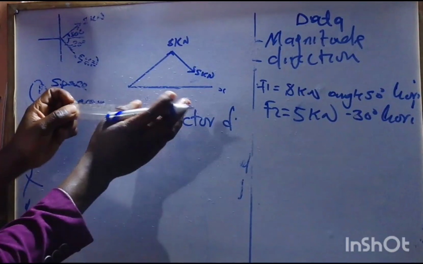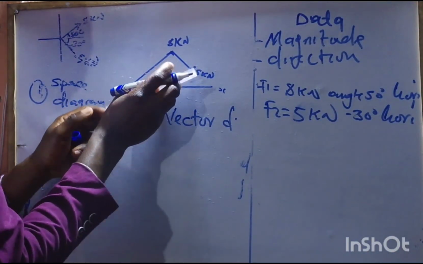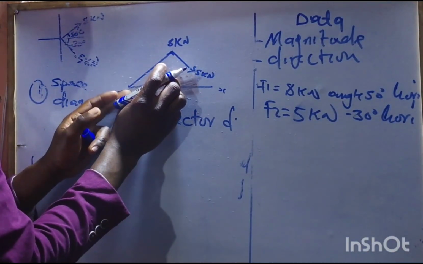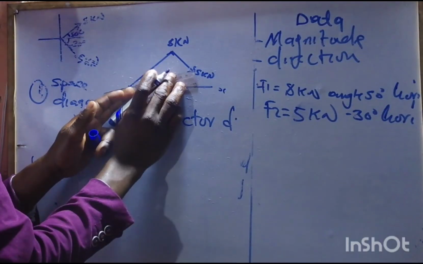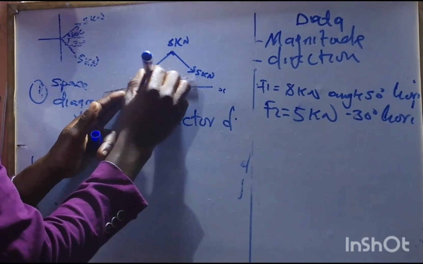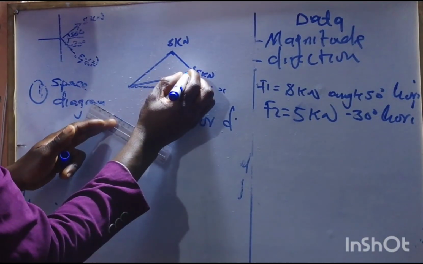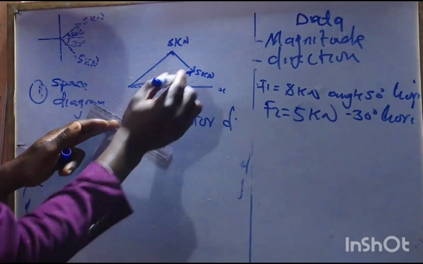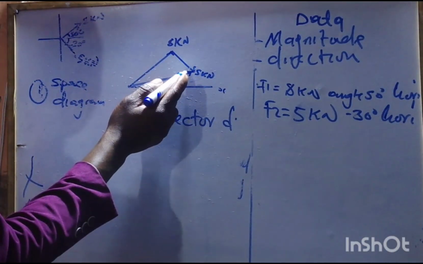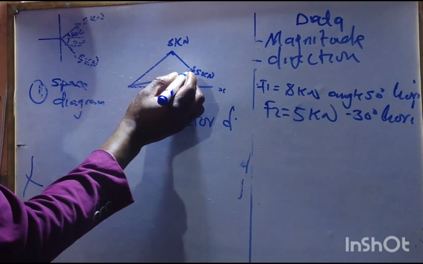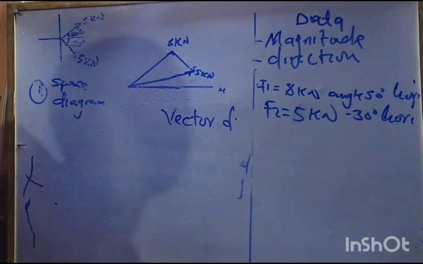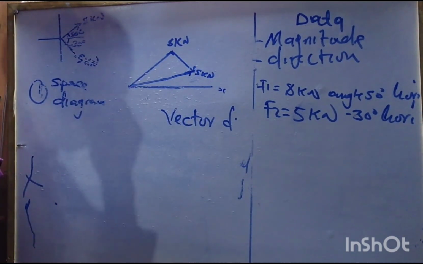We are only going to connect this line as the resultant, which is like this, meeting the 5 kilonewton at the head, and this direction should face each other. That's how the resultant force is.